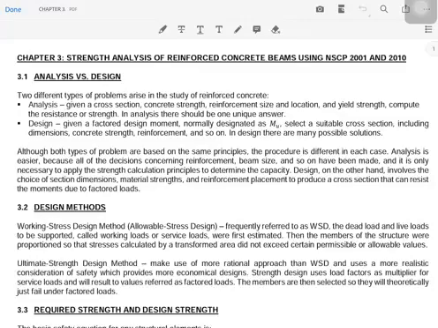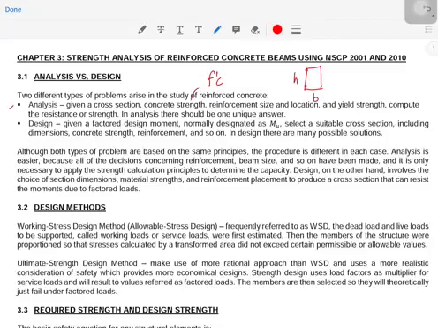So we have here the analysis versus design. We have two types of problems that arise in the study of reinforced concrete. The first one is the analysis. In the analysis, given a cross section, the concrete strength, we have the width and the height of the beam, then we have the strength f'c of the concrete.